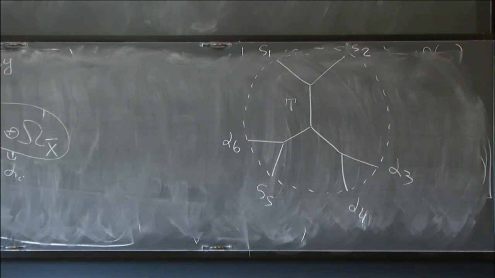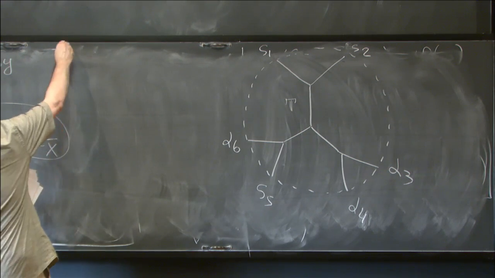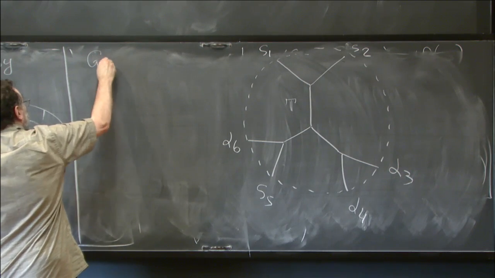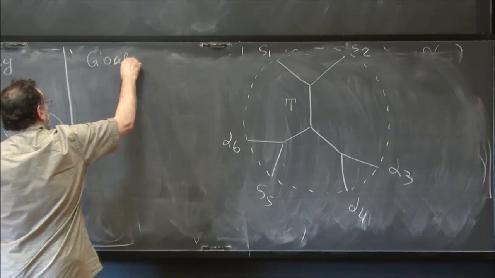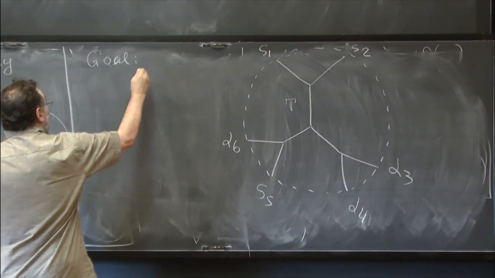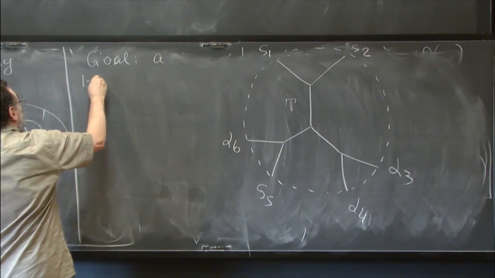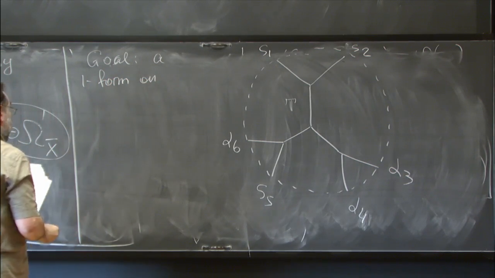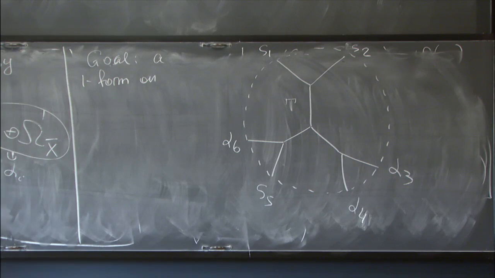Okay, now we want to define a form. About to finish the first part. So what's the goal? I want to define a form on some space. Let me introduce the space first.